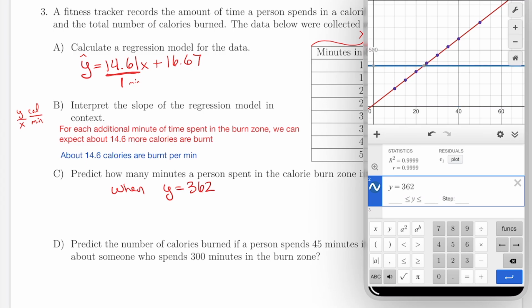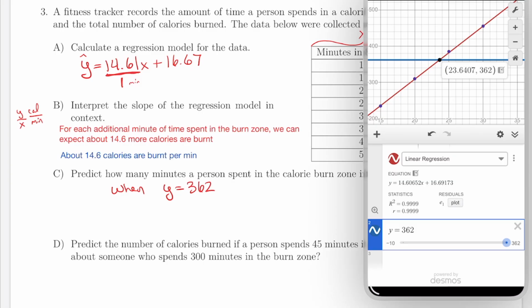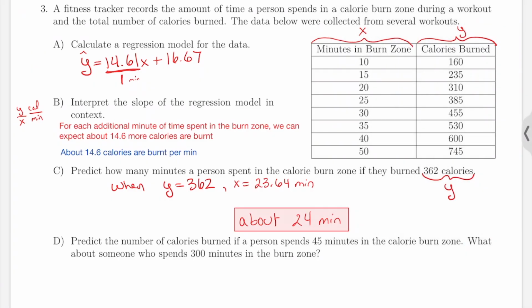I have a horizontal line that passes through there, and if I just tap that little gray dot, I can zoom in on it if I want, but where these intersect is this ordered pair. It's 23.64, comma, 362. So when y equals 362, x equals 23.64 minutes. And if you want, you could then say about 24 minutes, right? When you've been exercising for about 24 minutes, you'll have burnt about 362 calories.